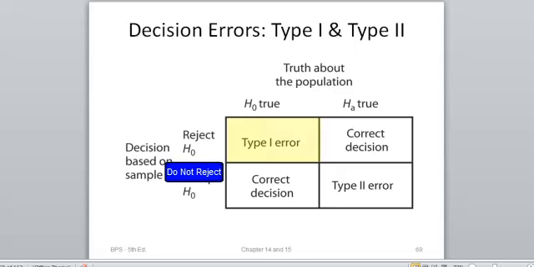Now, in that first square, if you rejected the null hypothesis when in fact it was true, that's a type 1 error. If the alternative was true and you rejected the null hypothesis, then you didn't do anything wrong. If the null hypothesis was true and you did not reject it, then once again, no error is involved. However, if the alternative was true and you did not reject the null hypothesis, then we have what's called a type 2 error.